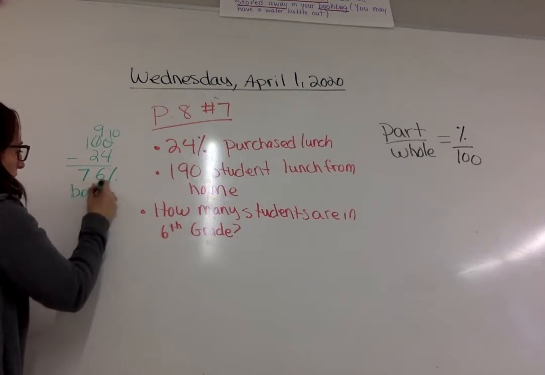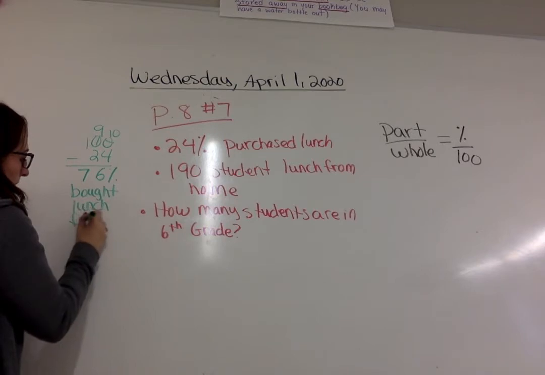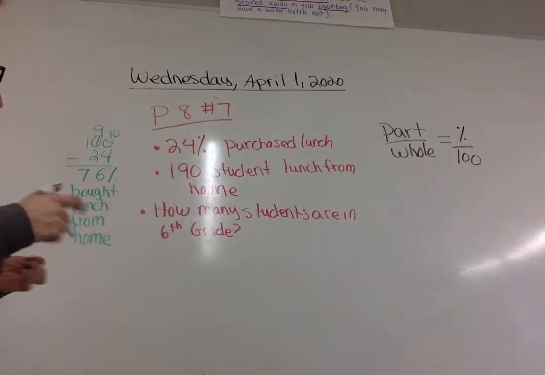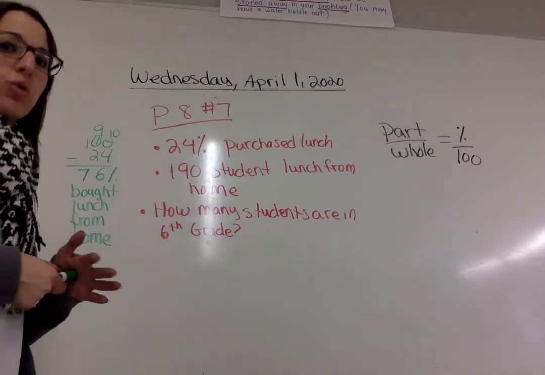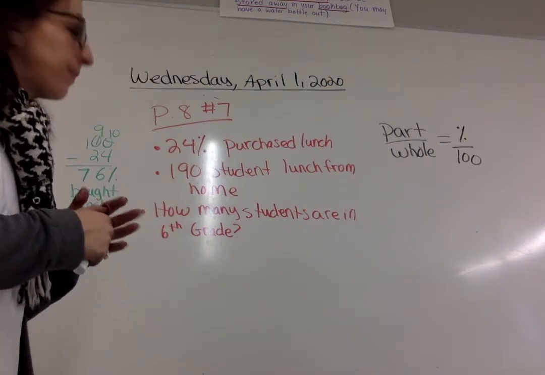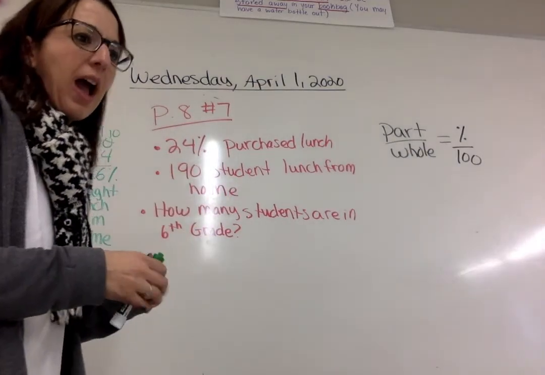Bought lunch from home. That is my new percent because it has to be equal out of 100. And 24% of them went to the school and they got the lunch there. But the other 76% packed their lunch and brought it in from their house.